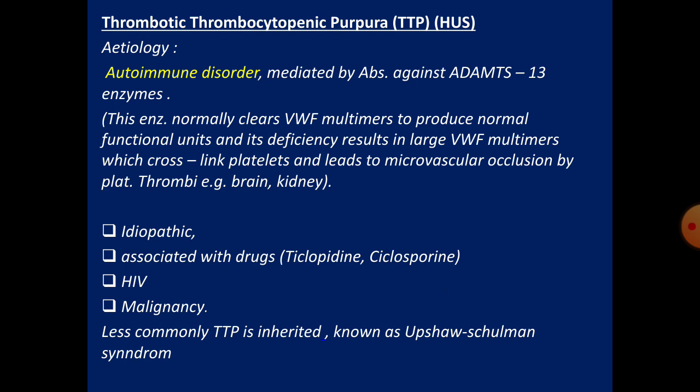So here in TTP, we have an autoimmune disorder which is mediated by an antibody directed against ADAMTS13. And you know ADAMTS13 is a proteolytic enzyme which cleaves the large multimer von Willebrand factor.